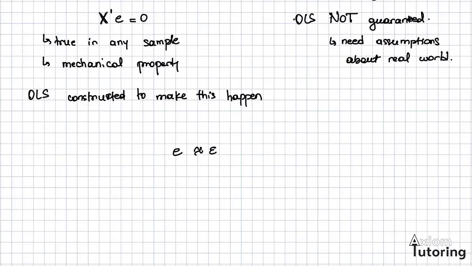So it's very restrictive. OLS may give you residuals that look uncorrelated with the X, even if the true errors are actually correlated with the X, which would mean you have a biased estimator and your mechanical orthogonality is still holding, but you're not having a correct picture of what the real world is doing.